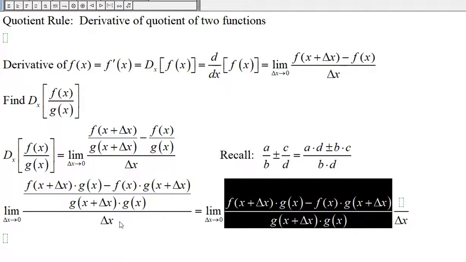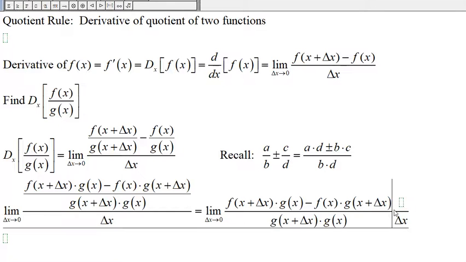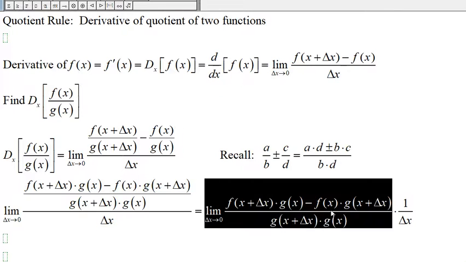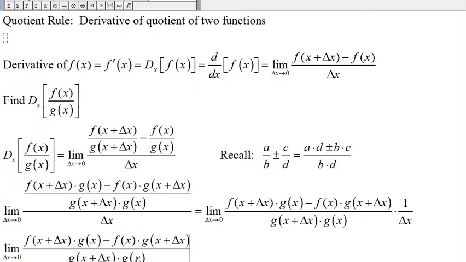Dividing by delta x is the same as multiplying by the reciprocal of delta x. So dividing by delta x is the same as multiplying by 1 over delta x. So this now becomes the top.